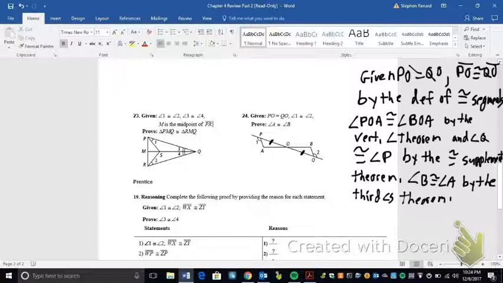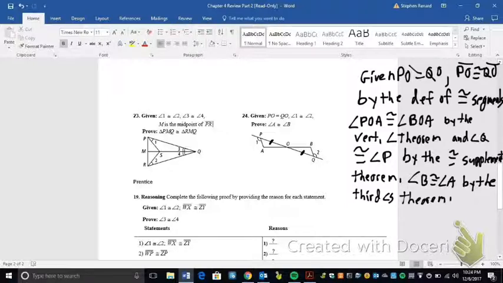Now this is a toughie. This is called the congruent supplements theorem. We know that angle Q and angle P, respectively, are going to be supplements to angle 1 and angle 2. So we know that angle 1 plus angle P equals 180 degrees, and angle 2 plus angle Q equals 180 degrees.